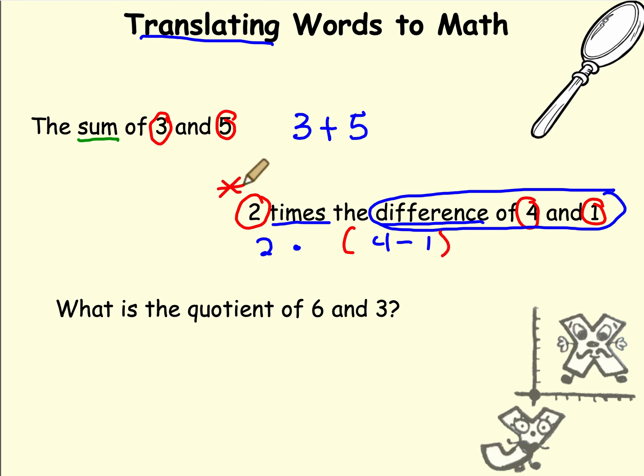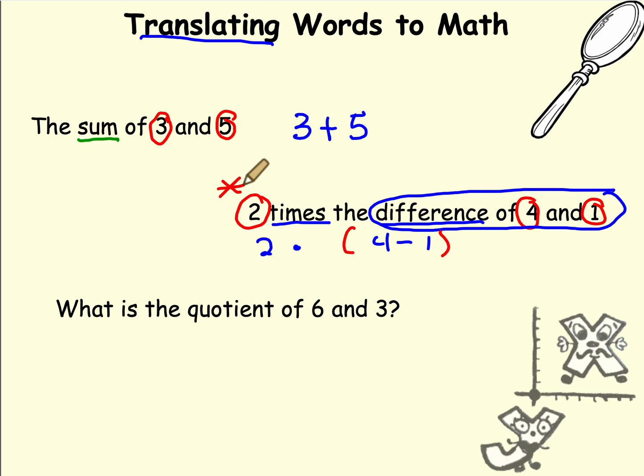So even though there is no word that specifically said I need to use a grouping symbol, the reason I have to use one is because 4 and 1 have to be grouped in order for me to make sure that I'm multiplying 2 by the difference rather than 2 times the 4.